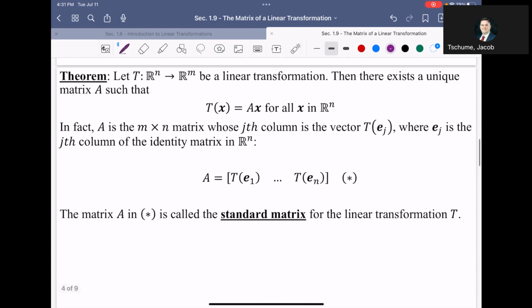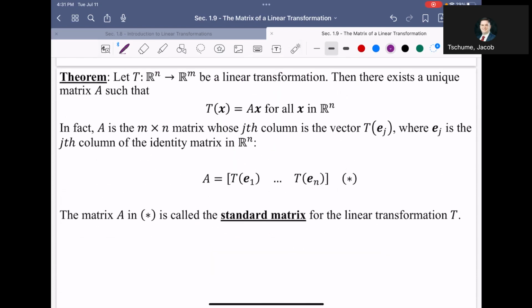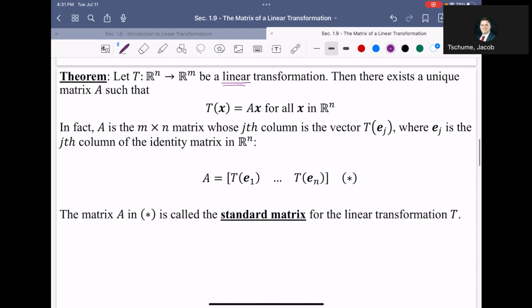All right. So our theorem that we're going to use to build up to the big definition at the bottom here is, let's assume that your transformation T is mapping from the nth dimension into the mth dimension, and that it is a linear transformation. So it meets those two criteria that we discussed in the previous video. If that is the case, then there exists a unique matrix A such that T of X equals A times X for every single X in the nth dimension.